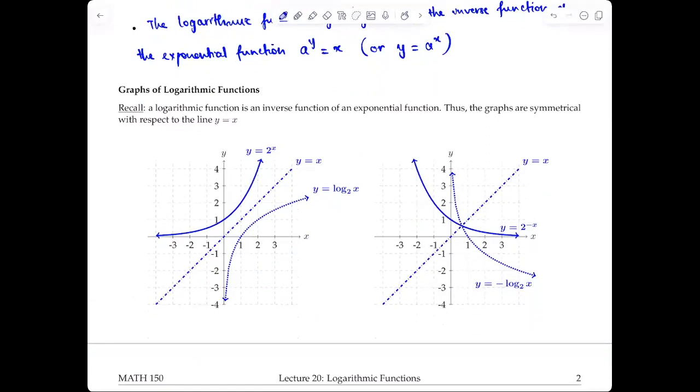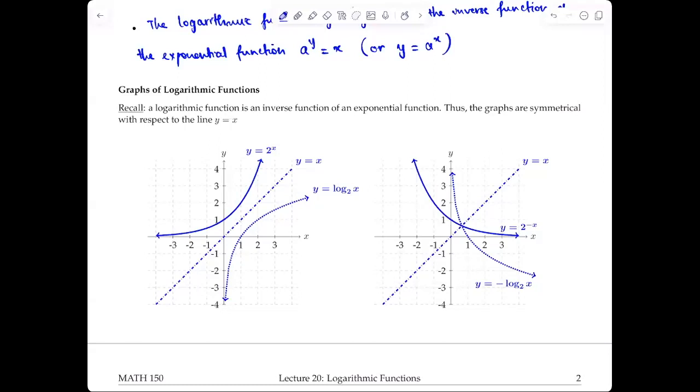They are symmetrical with respect to the line y equal to x. Similarly, you have y equal to negative log base 2 of x. For log base 2 of x, you do a reflection with respect to the x-axis. Here we reflect it and get this, and the corresponding inverse function is 2 to the negative x. So they are symmetrical with respect to the line.